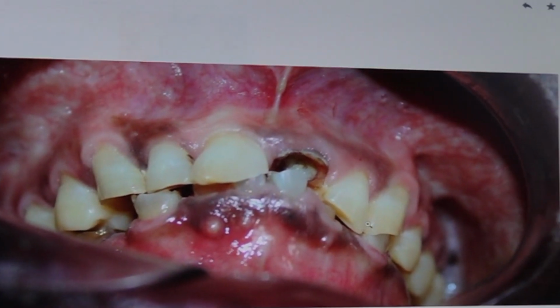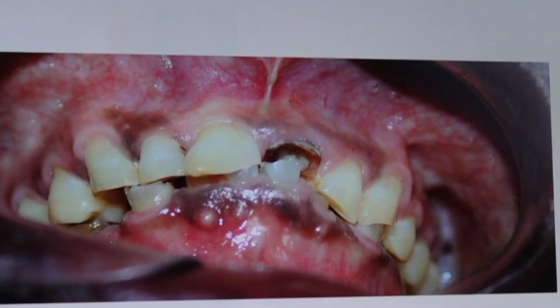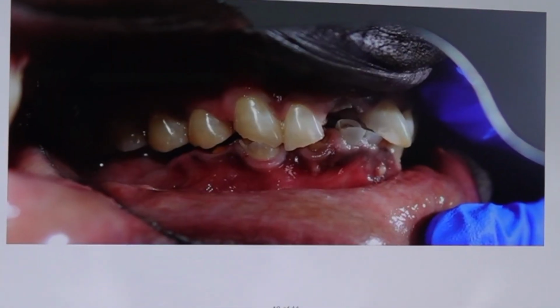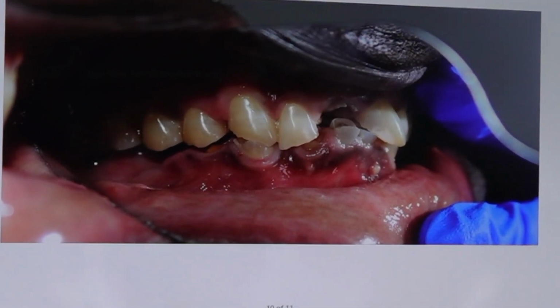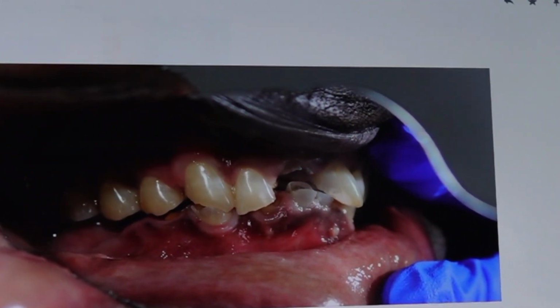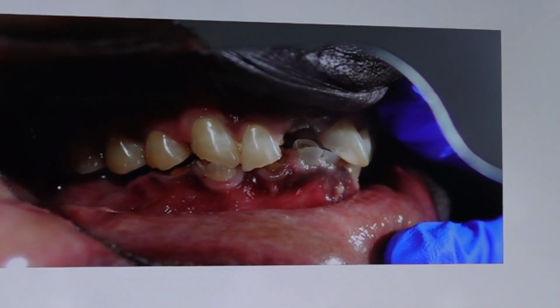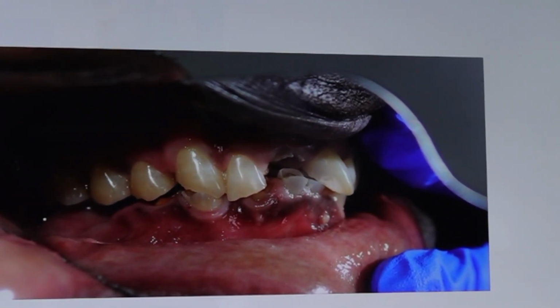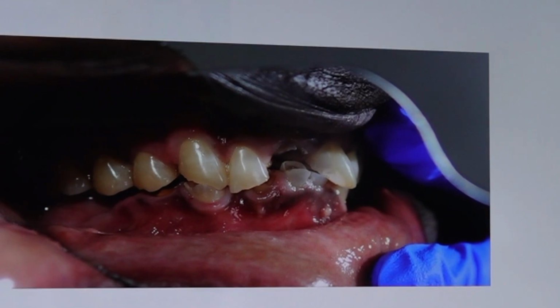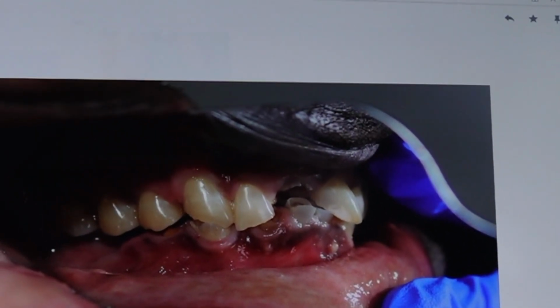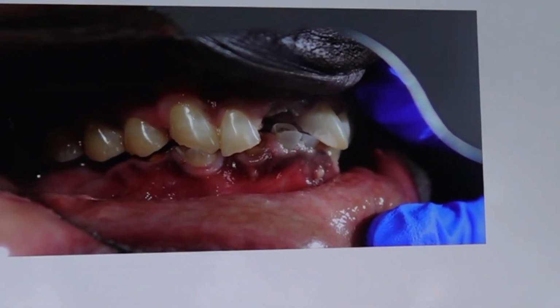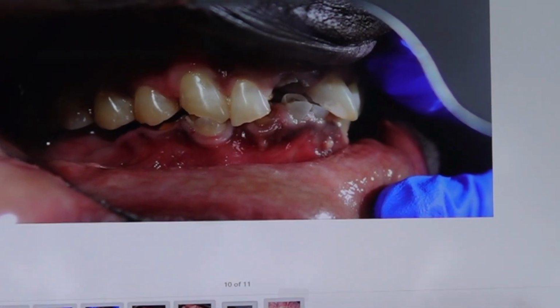So they are also not vital. So non-vitality reason is not only decay. What is another reason? Attrition. Okay. So wear and tear is also a reason for the tooth getting non-vital.